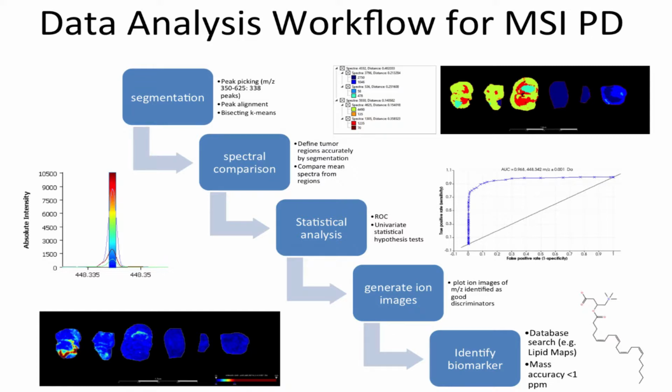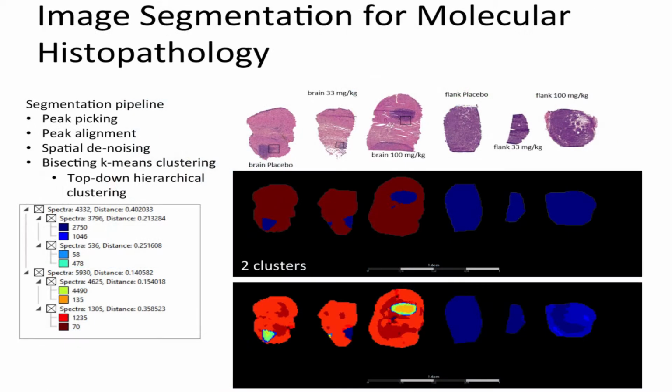So in this case, from a very small mass range that had been used to image all of those, we do this whole pipeline of segmentation, spectral comparison, to be able to eventually identify biomarkers. But in this case, Elizabeth was able to do peak picking for, and I can't see it now, but 338 peaks that we are working from.